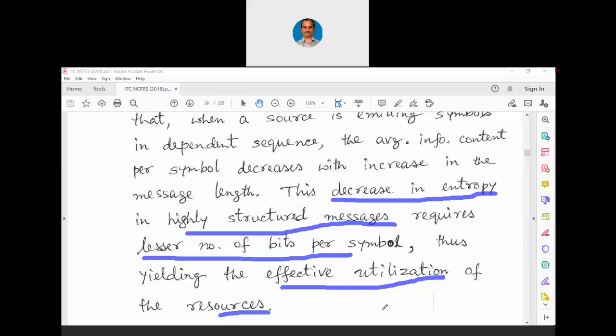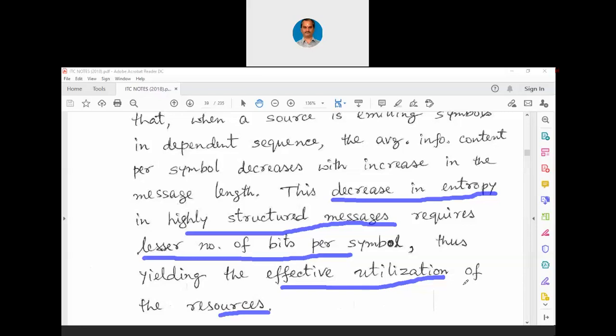That means using the same free space itself, multiple subscribers are given effective network service. That is possible because of the findings in information theory, and that way this is related to spread spectrum.